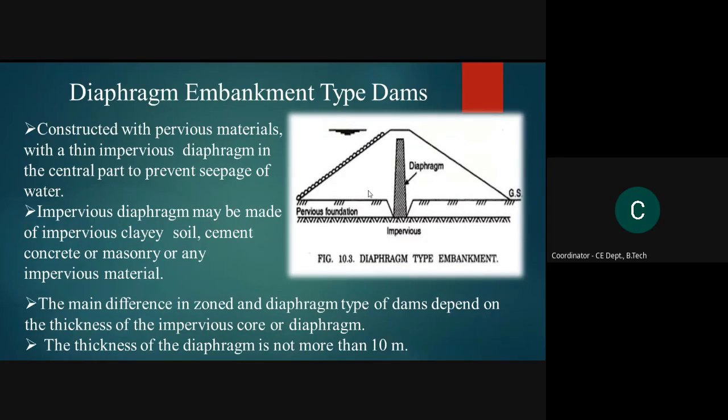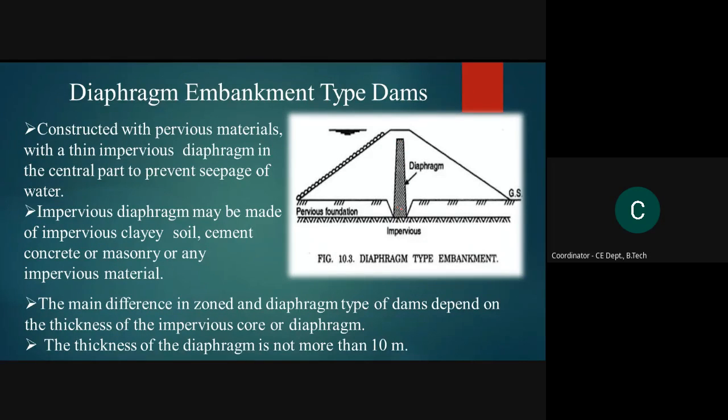So here, the function of the diaphragm embankment type is similar to that. Let us read it out: it is constructed with pervious material, with a thin impervious diaphragm in the central part to prevent the seepage of water. Just look at the diagram.